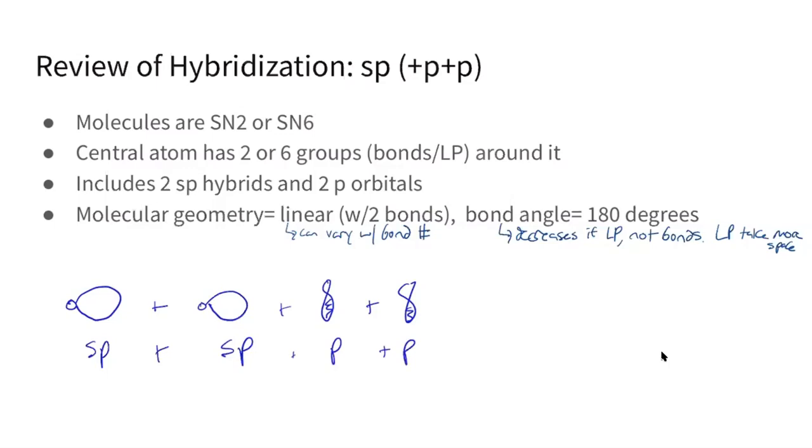And those are going to combine together where we have our 2 hybrids, kind of like this, and we have 2 p orbitals. One of them is going up and down, and one of them is coming straight in and out of the plane of the board. So this is what our hybrid orbital for an sp hybridized molecule would look like.